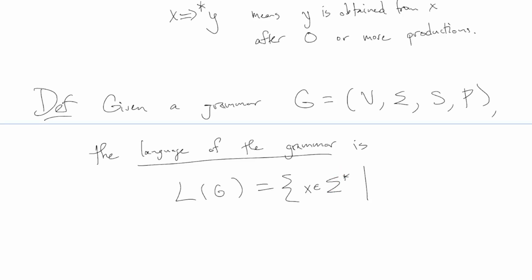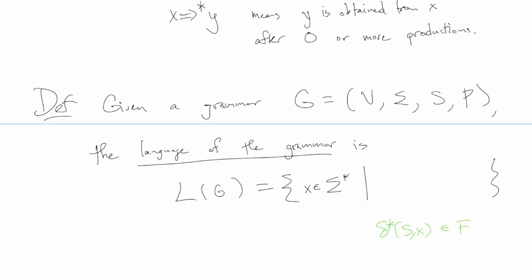I would like to fill in the blank here. There's something fairly simple that you can say over here, although it's a little weird looking. Anybody feel like you can say this in informal terms? I'm trying to talk about what it means for a string to be part of the language of the grammar. When we did this for DFAs, what I wrote was something like delta star of S and X is an element of the accepting states.